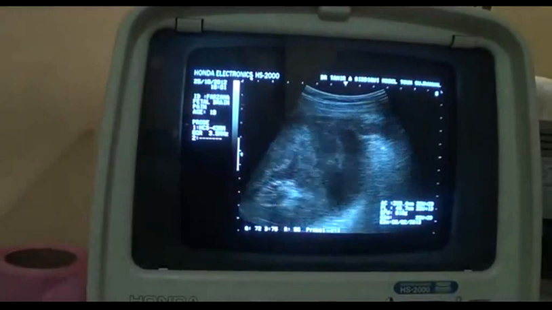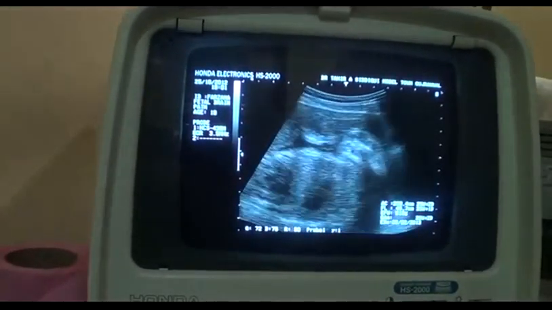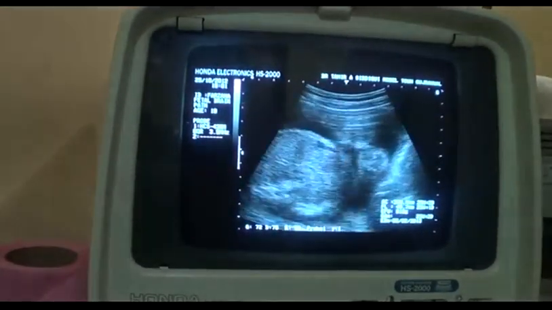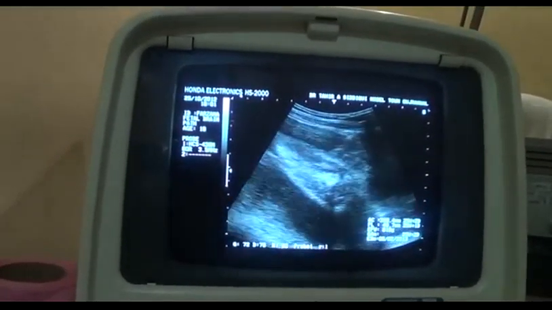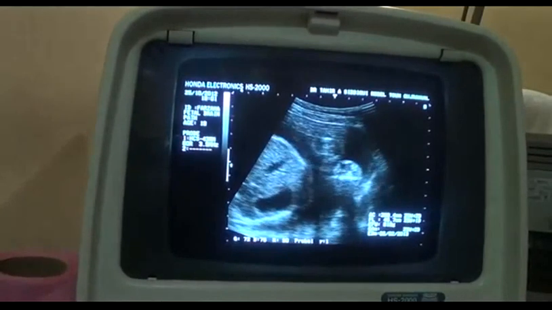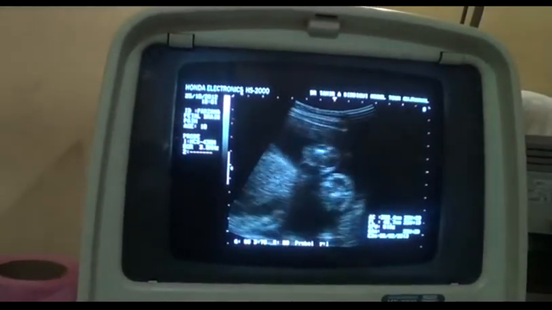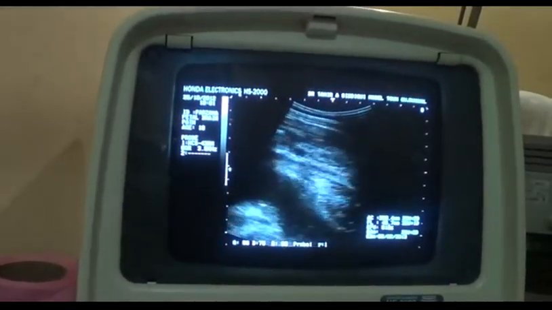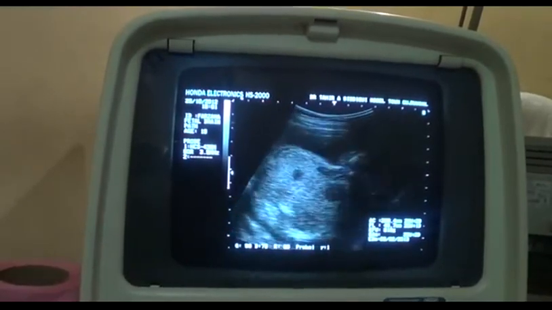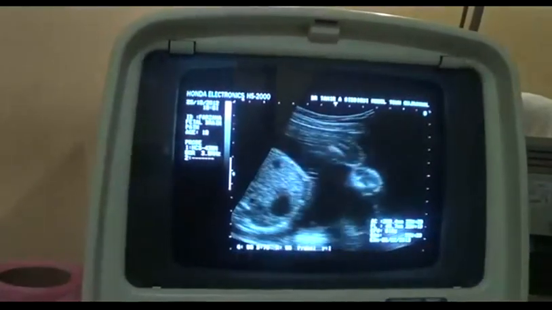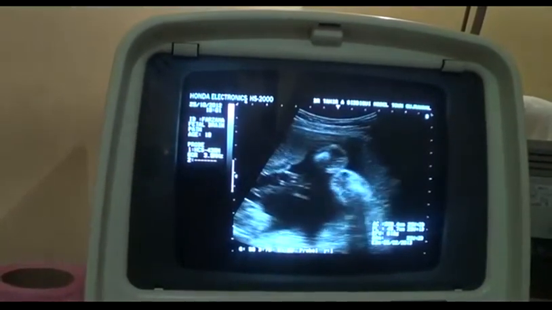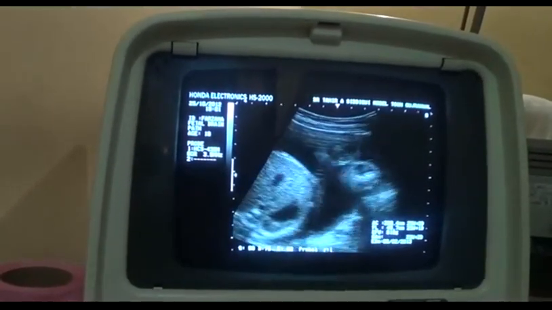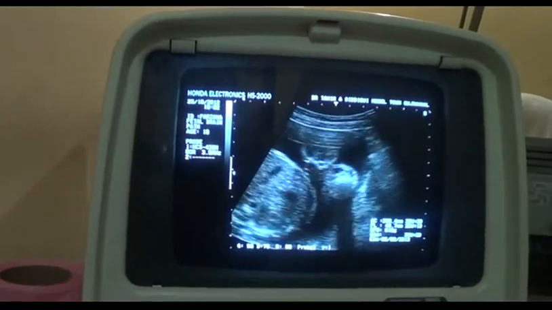Let's see the limbs again. Now at times we can get confused by this portal vein as suggestive of the fetal sex.